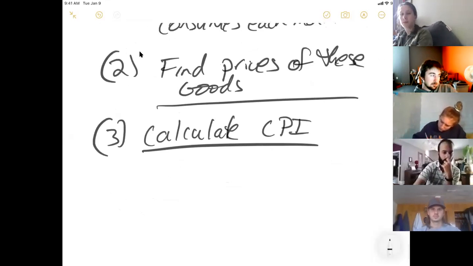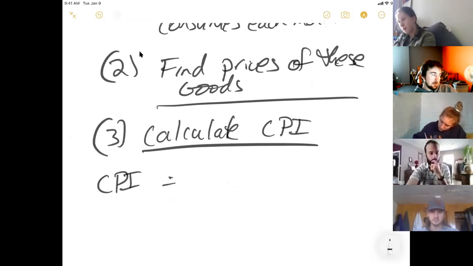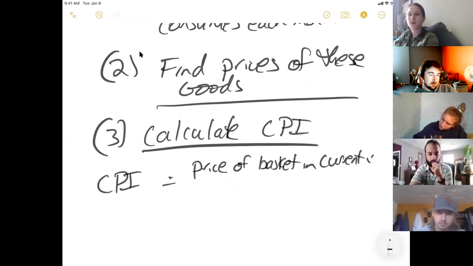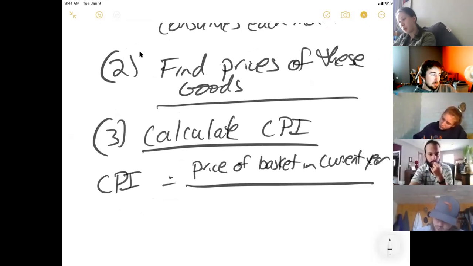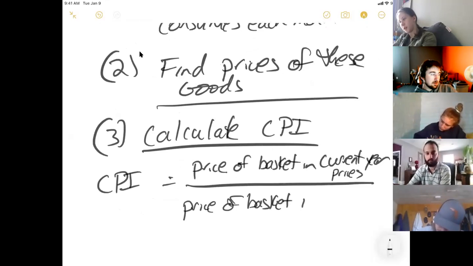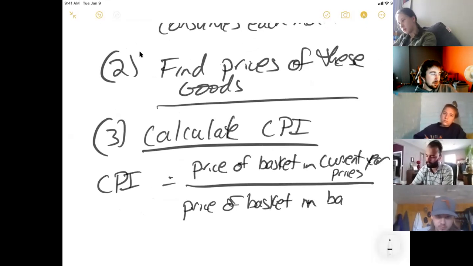And what is the Consumer Price Index? It's the price of everything in that basket in the current year prices, divided by the price of the basket in base year prices.